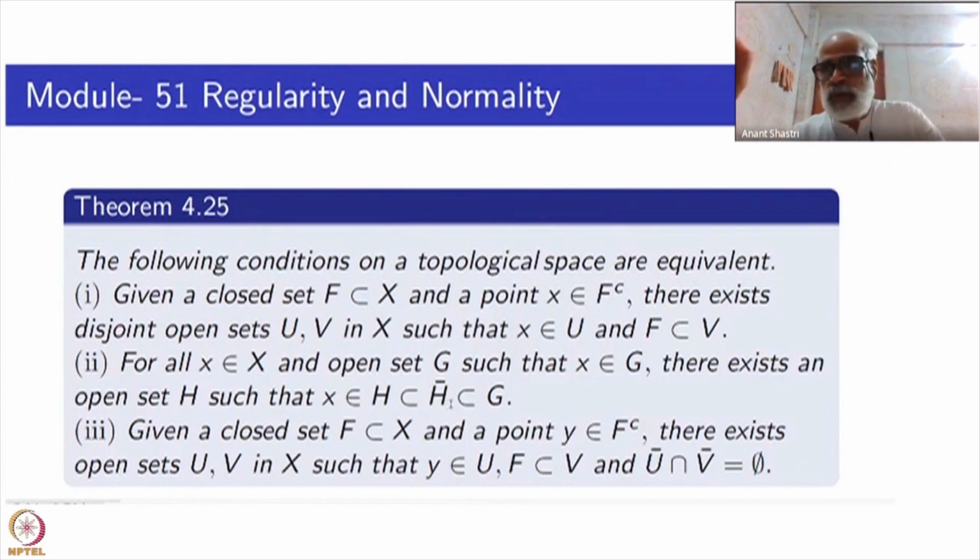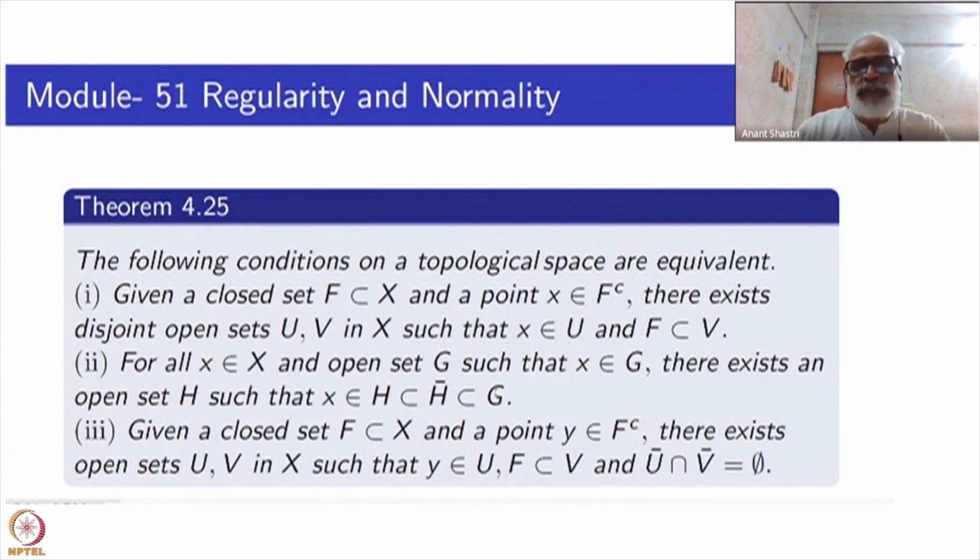Remember, a neighborhood should be such that there is an open subset contained inside that one, containing the point. Okay, so this H bar will be a closed neighborhood. G was an arbitrary neighborhood. Okay, it need not be open.